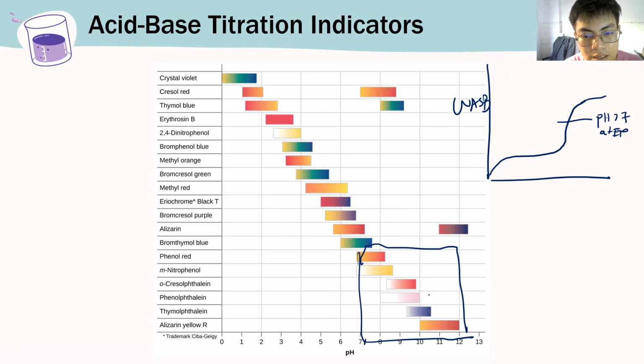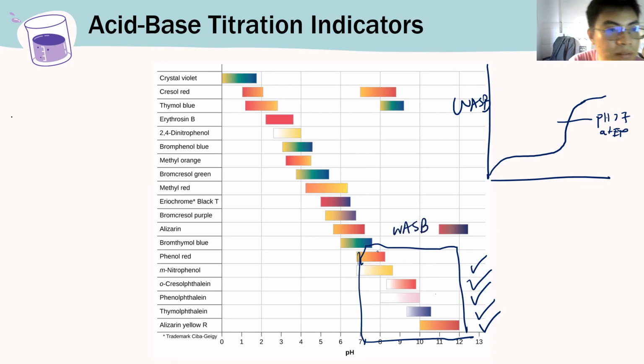So it could be the phenolphthalein pa rin, the orthocresol, the thymol, the alizarin yellow. Pwede rin itong meta-nitrophenol. So you want to choose an indicator that will change color beyond 7. Okay, so ito yung mga okay for WASB titration.